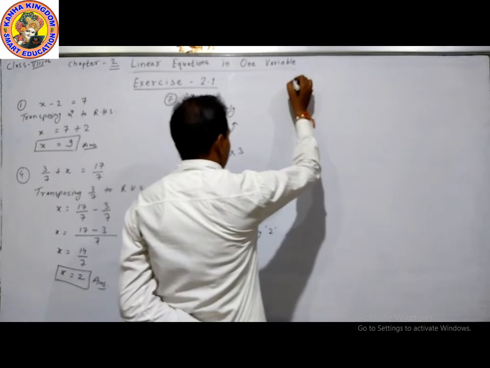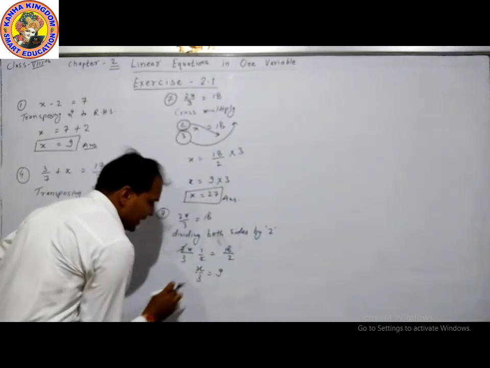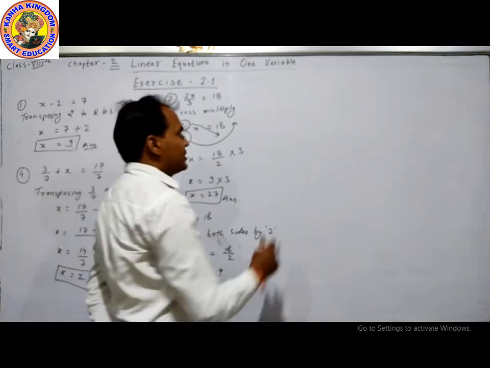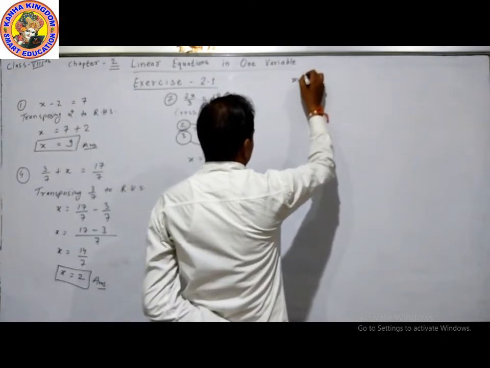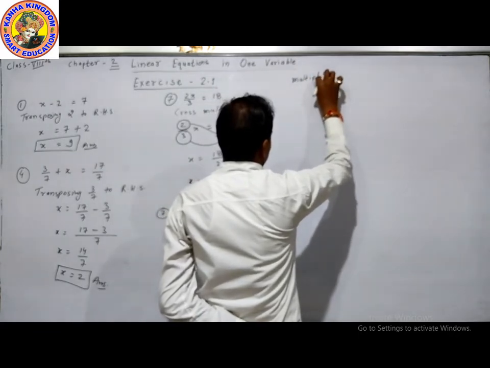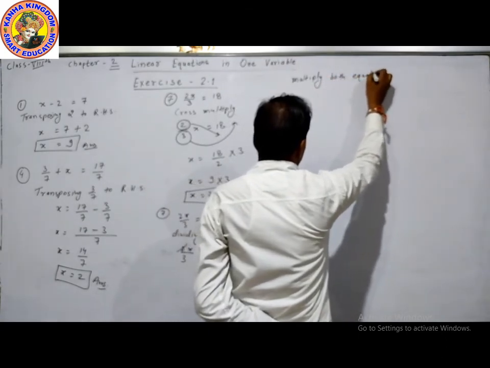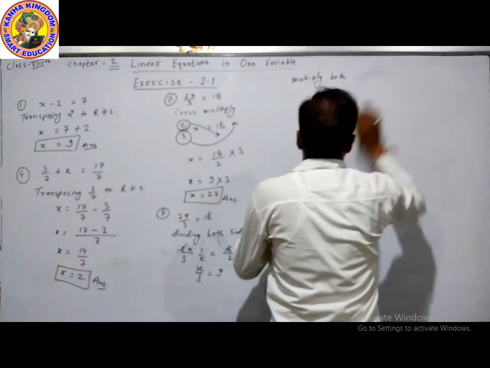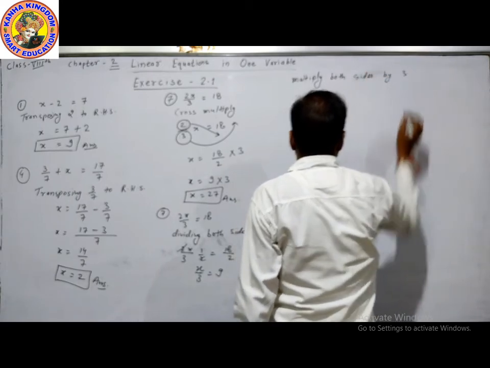In the next line, we have to remove the divide by 3. In this equation we will multiply by 3, then this cancels out. In the next line we write down multiply both sides by 3.